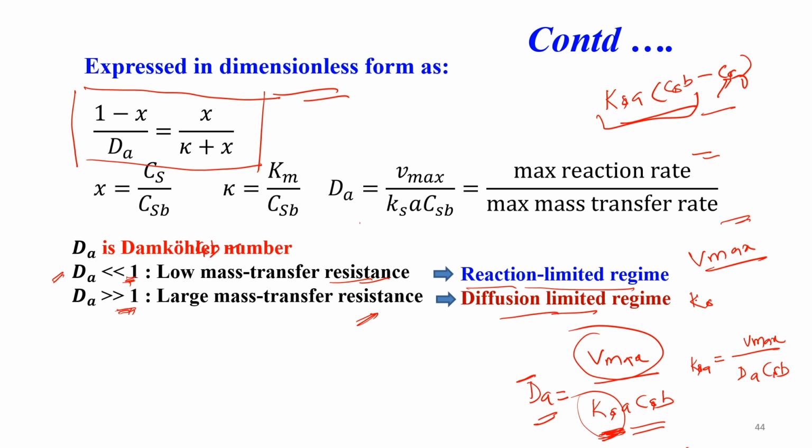So, if the Damköhler number is greater than 1, this is a large mass transfer resistance or diffusion limited region, and if the Damköhler number is less than 1, low mass transfer resistance, Ks value is high, and this is a reaction limited region.